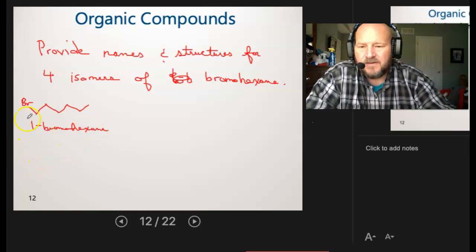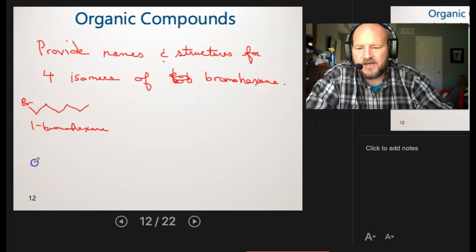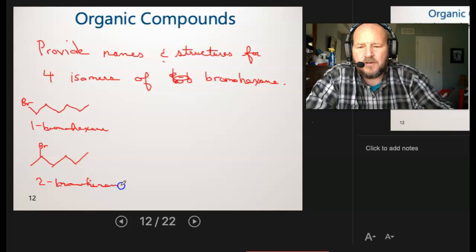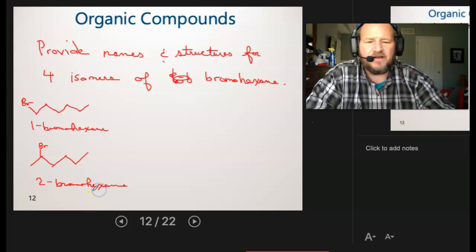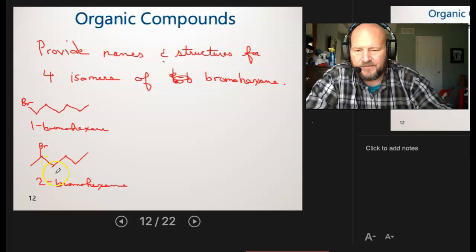Then I can move the bromine down. So I could keep the hexane, and now I have 2-bromohexane. And again, you can just follow this right down, so now we could get 3.